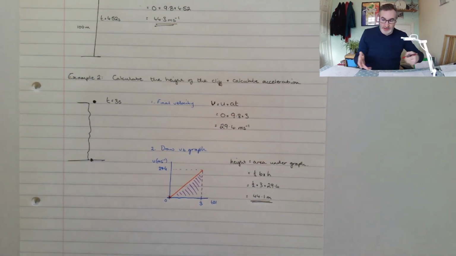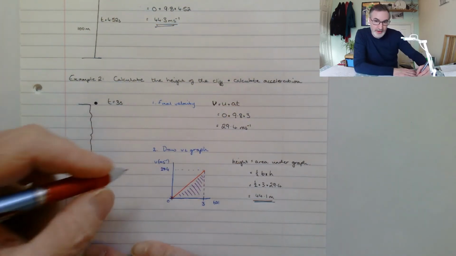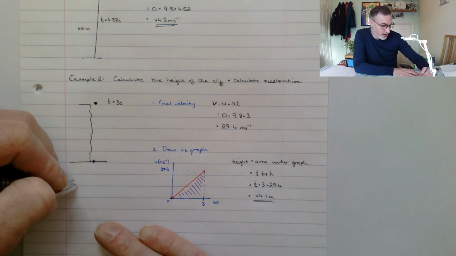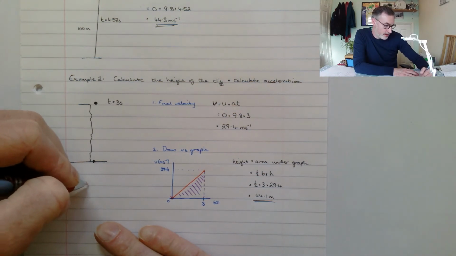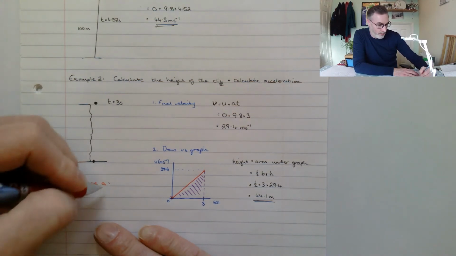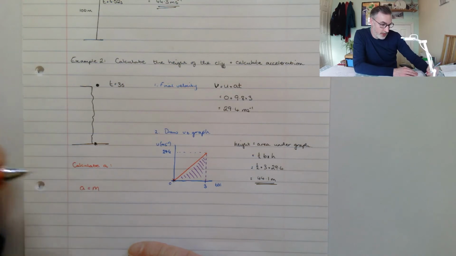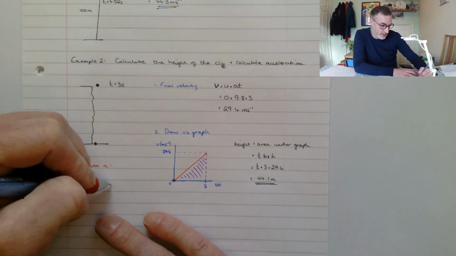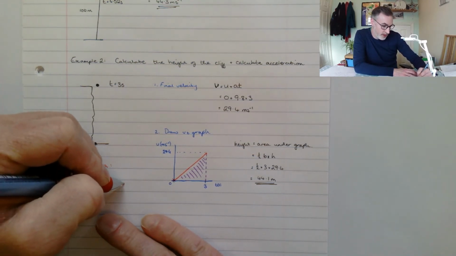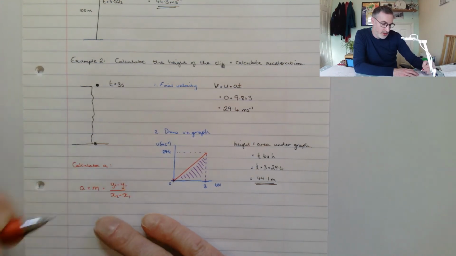And so I'm just going to show you the calculation and how you would do that to work out acceleration. So calculate a, we'll have a is equal to gradient, which is equal to y2 minus y1 over x2 minus x1.